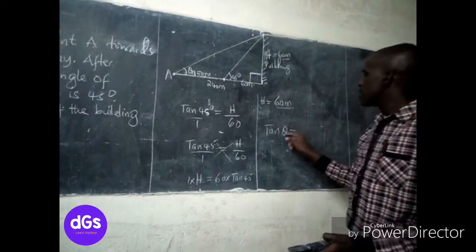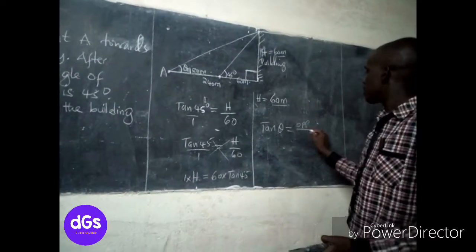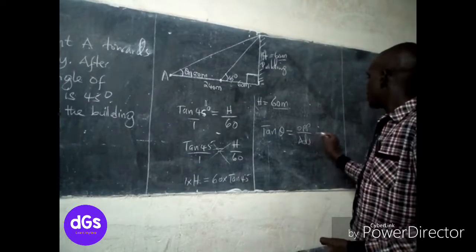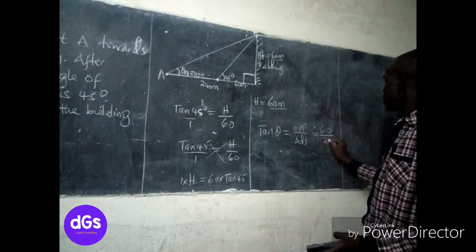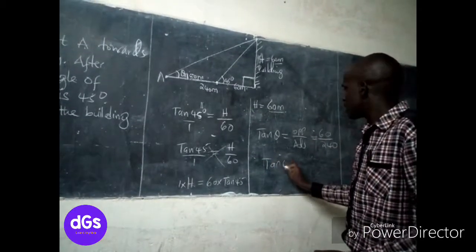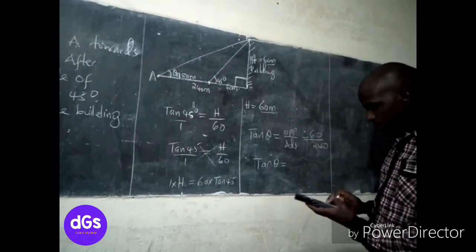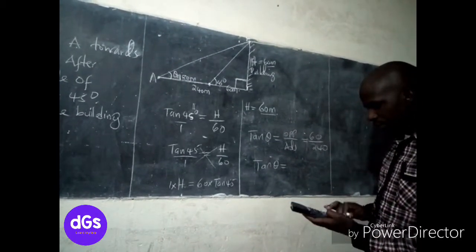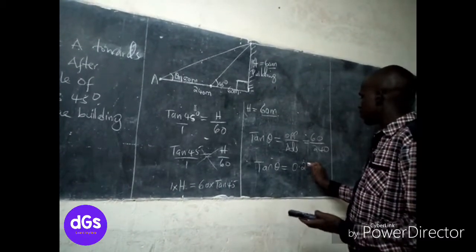So tan theta is 60 over 240. We divide 60 by 240, and we get 0.25.